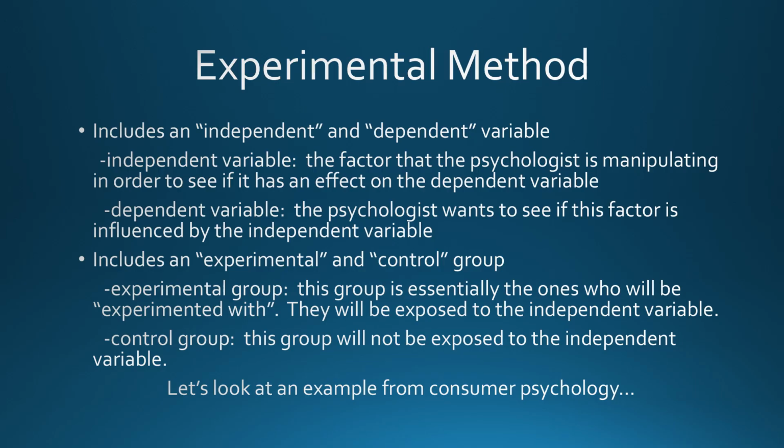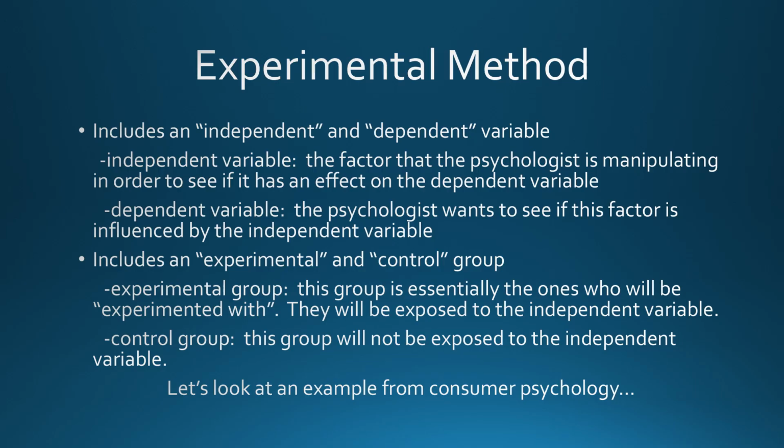So remember, this is the thing that's being manipulated, it's being changed. The dependent variable is the factor that the psychologist wants to see if it's influenced by the independent variable. Does the manipulation of the independent variable change the dependent variable?